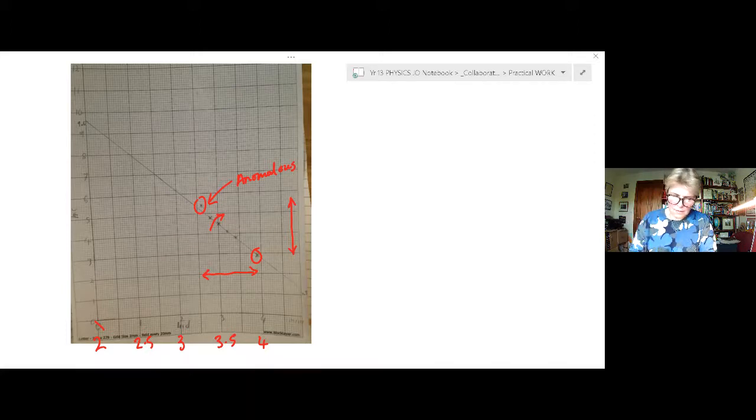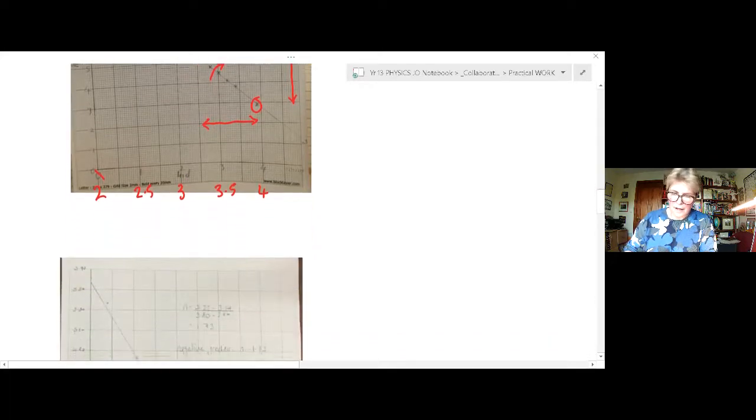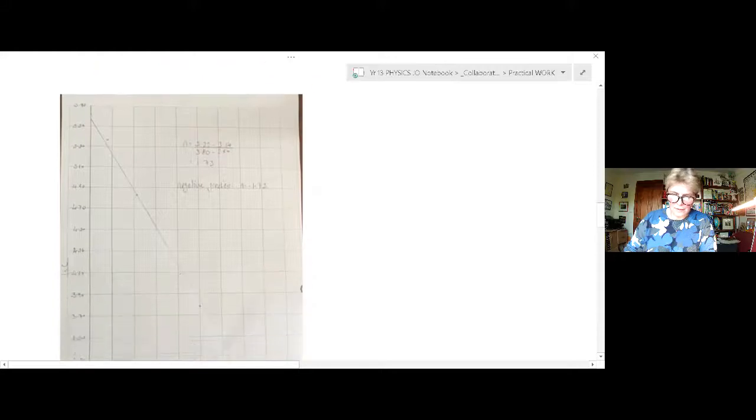But if one is slightly out, then the line has to reflect. It's got to be the best fit of all the points either side of the line along the length of the line drawn. And that would need a little bit of a rotation. It's probably the hardest mark to get, that line of best fit.